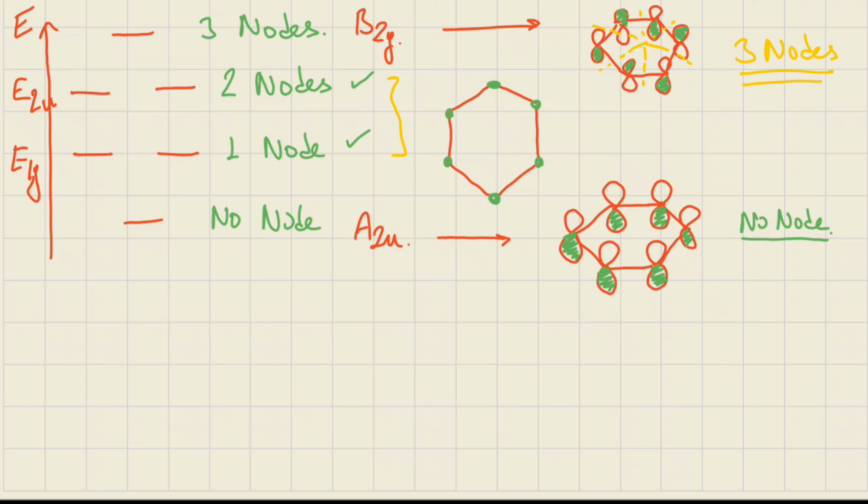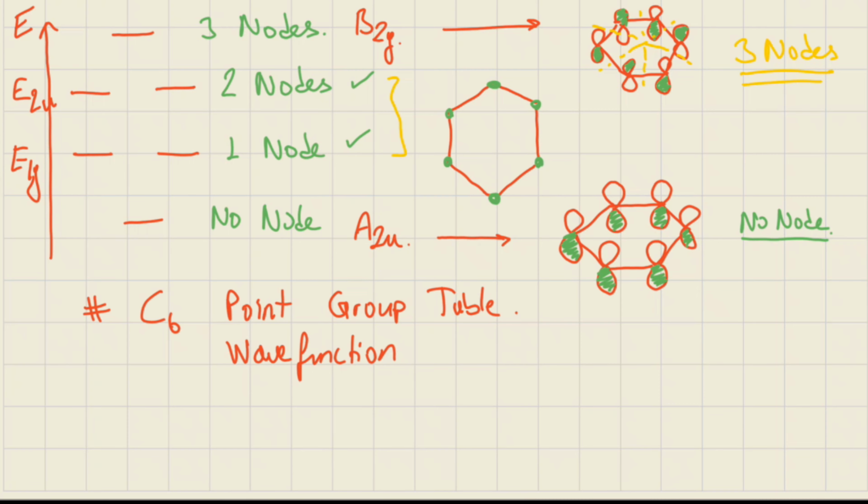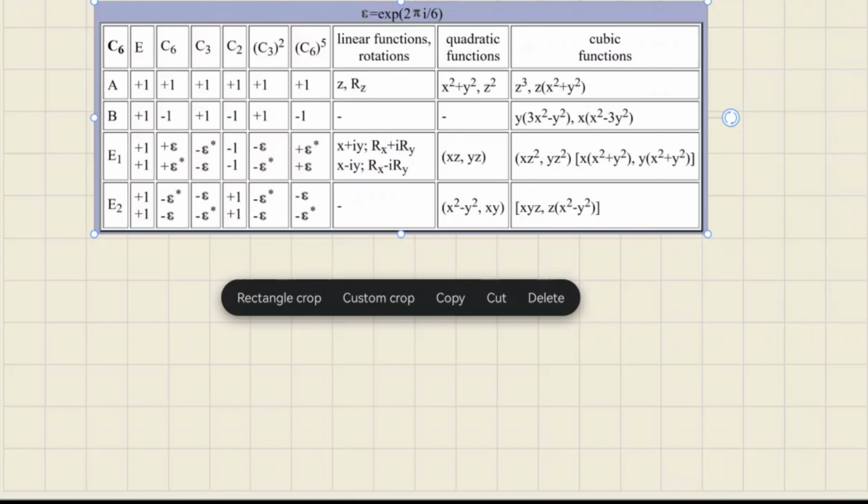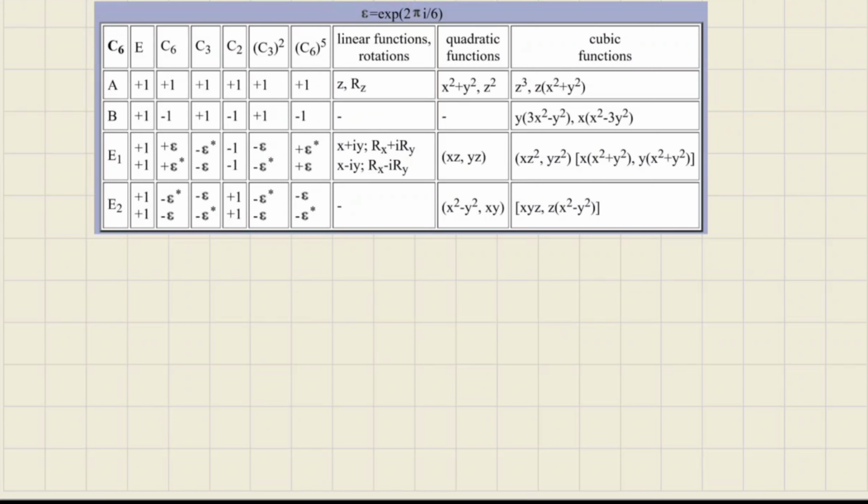And in order to understand their structure, we can use the C6 point group table. By using the C6 point group table, I will create the wave function. So this is the C6 point group table.